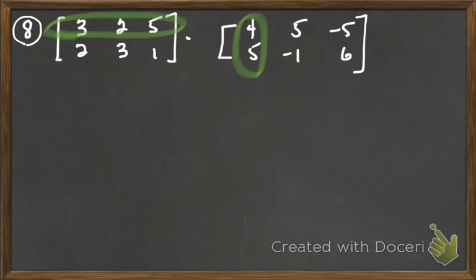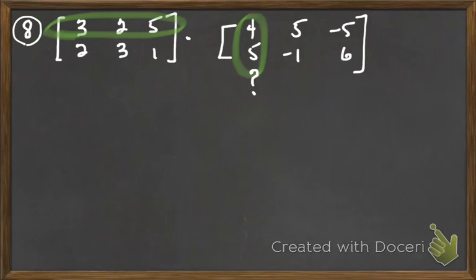What are the numbers in the first row in the first matrix? 3, 2, and 5. And you're trying to multiply that times the first column in the second matrix, which just has a 4 and a 5. So you don't have enough numbers, okay? You would need another number down here, and so it just doesn't work, okay?